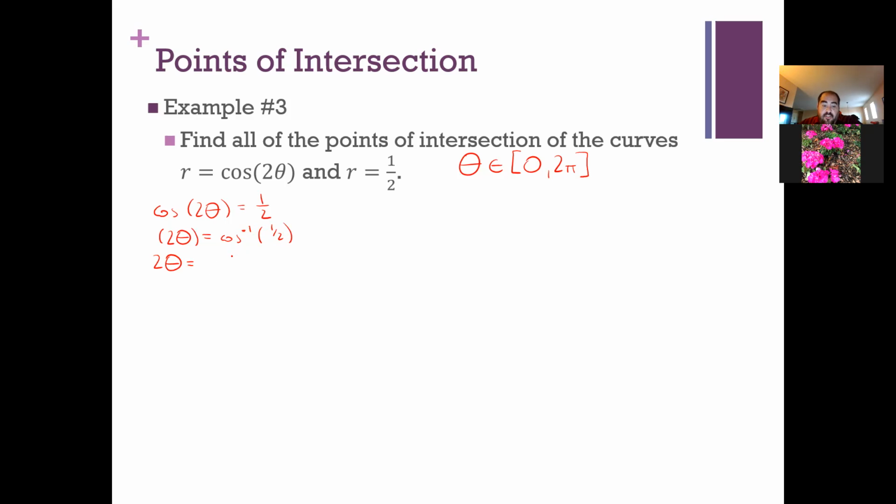I'm sorry, I was thinking about cos 60. Yeah, 60 degrees has a cosine of 1/2, but we want that in radians, so I'll list that as pi/3.